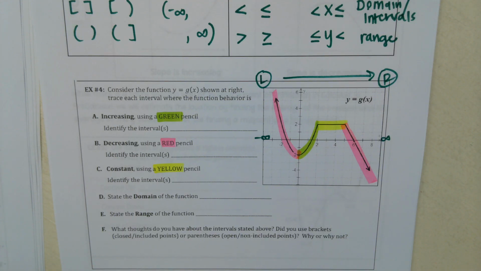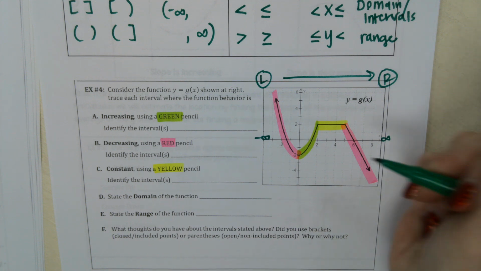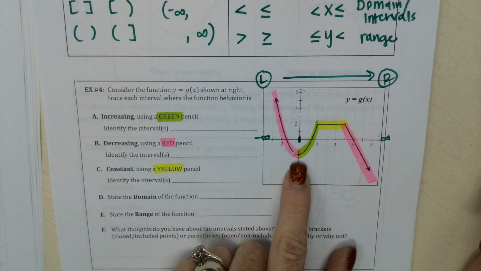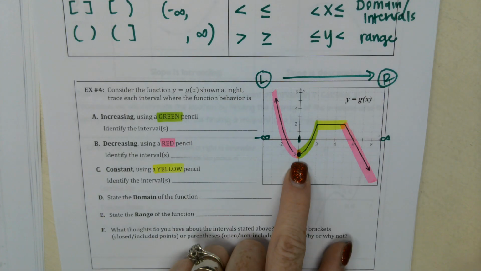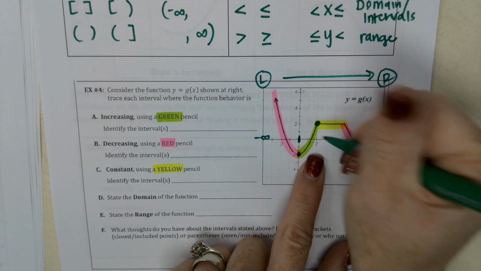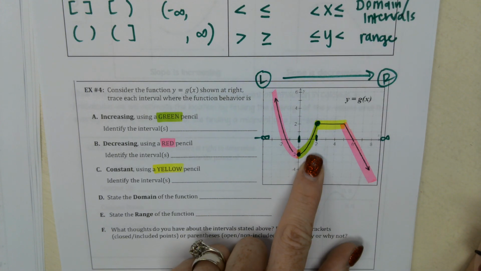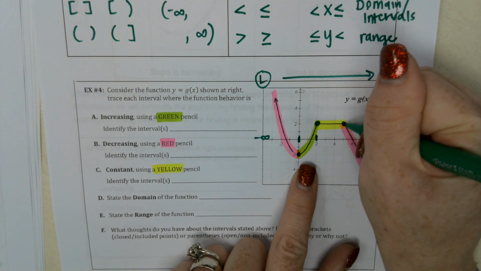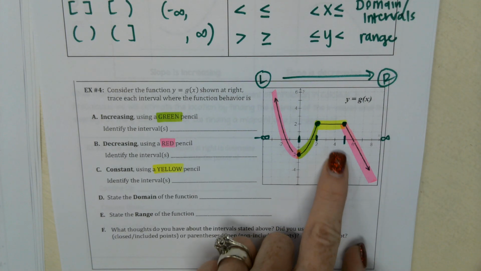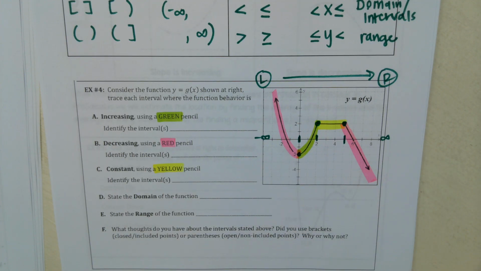And I am marking on the x-axis where changes happen. Right here, from left to right, there is a change that occurs, but I'm marking the x-axis because I write it according to my x values. Then a change occurs up here, but that happens at 2. Another change of direction happens here, and then it doesn't change directions again.